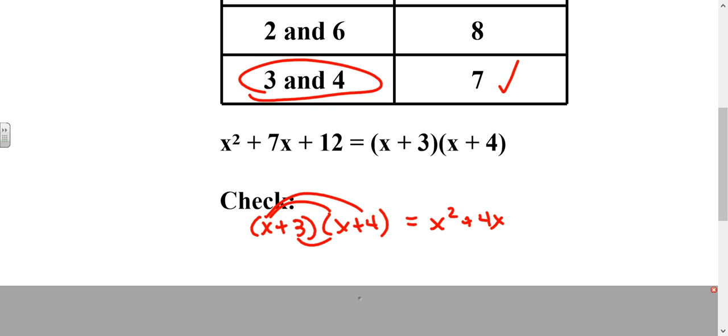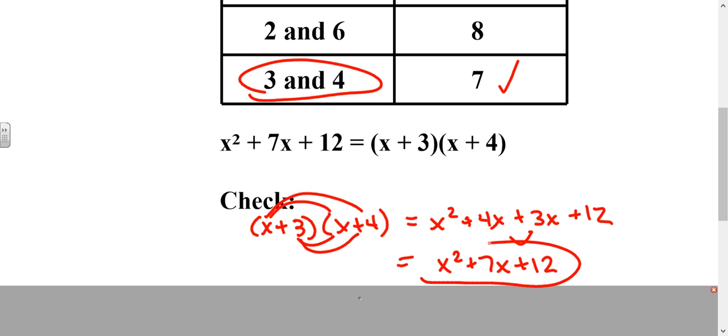And then we take the 3 times both numbers. 3 times x is 3x, and 3 times 4 is 12. When we combine our like terms, we get x squared plus 7x plus 12. So it works. The two numbers that we came up with, 3 and 4, multiplied to be 12, and they added to be 7. So it works out.